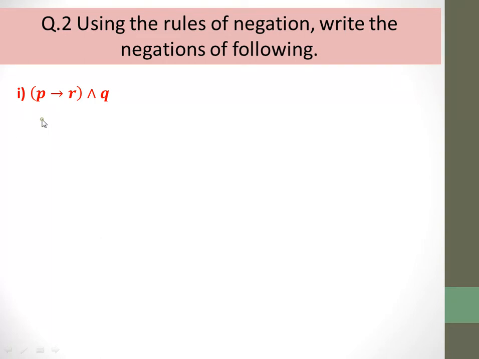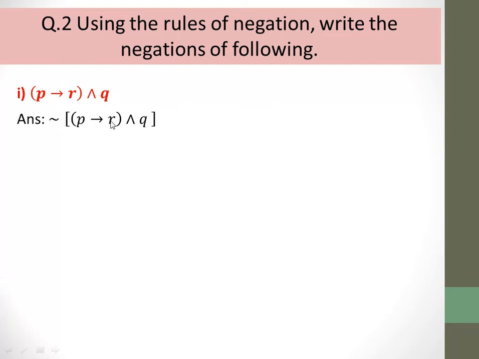So in the answer, how will you use this? We have to find the negation of this symbolic form. Negation is operated on this statement pattern. Now how will you operate this negation?